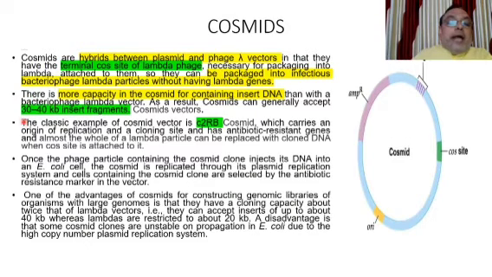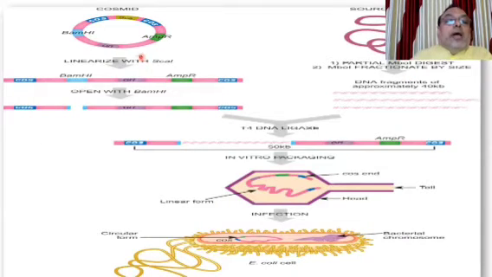The cosmid can act as a vehicle for a 30 to 40 kilobase insert fragment. That is, an insert of about 30 to 40 kilobases could be integrated. An example is 2RB, which is an example of a lambda cosmid. So here you see how cosmid is in action.